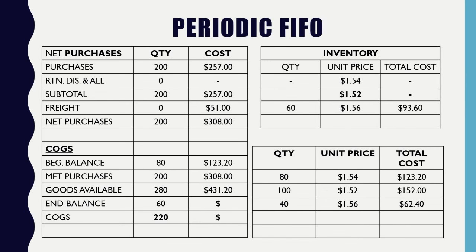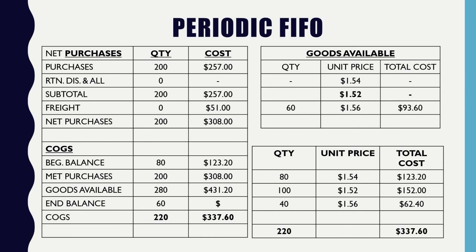Okay? So again, now that I have these things, I need to tally up my totals because now I need to calculate and solve for my total cost of goods sold. So again, I had 220 units and I sold it for a total of $337.60. Okay?